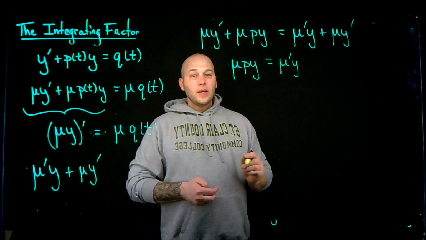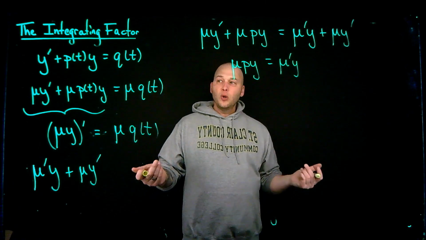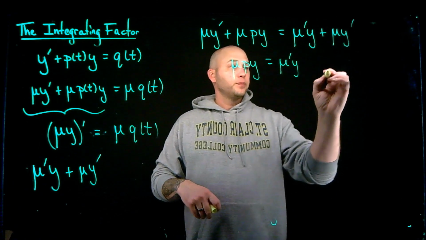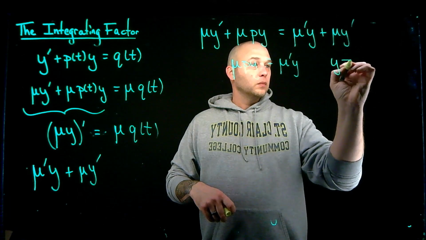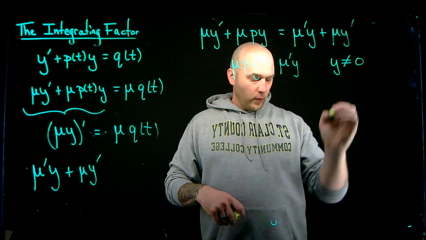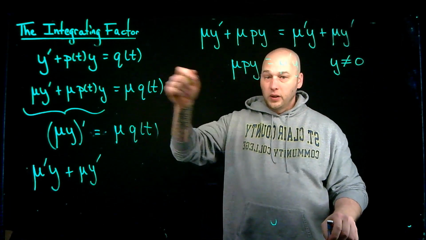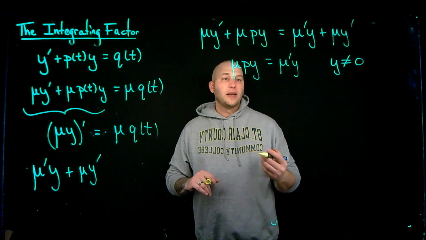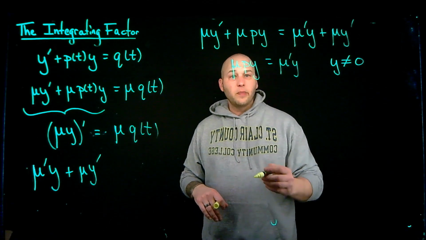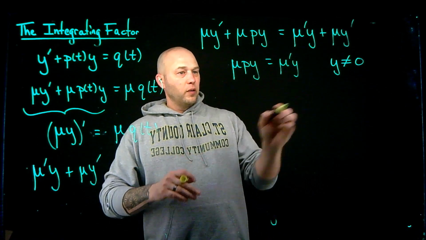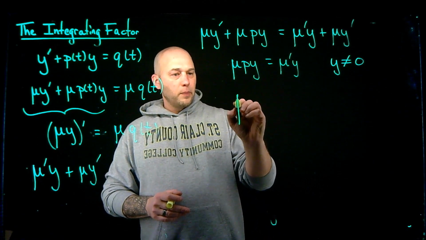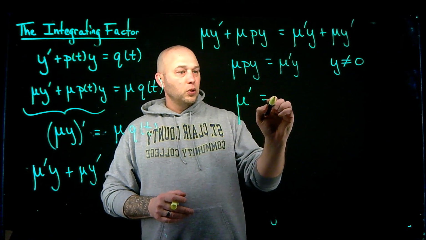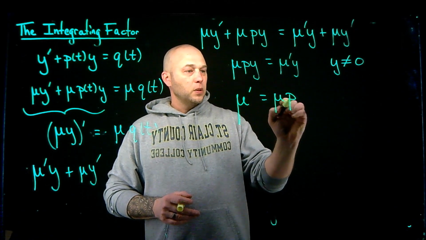Okay? Now, we're going to assume that y is non-zero, because remember, y is the solution for the differential equation, so I want to assume that my solution is non-zero. Non-zero means I can divide by it. So that means I've got, and I'm going to rewrite it this way, mu prime is equal to mu times p.